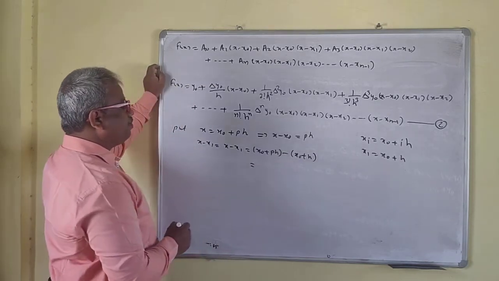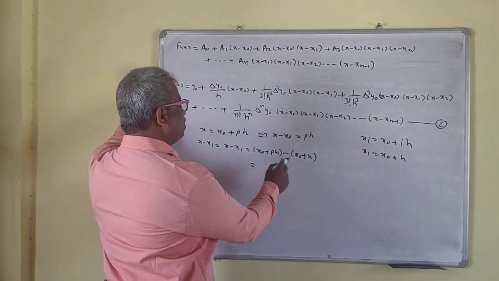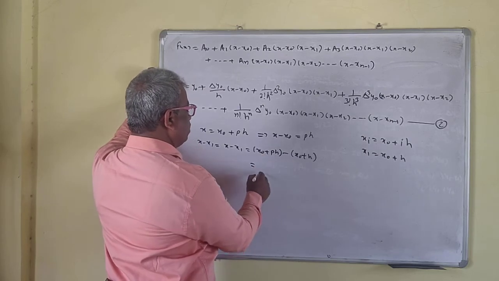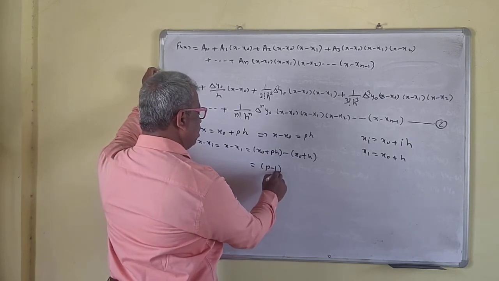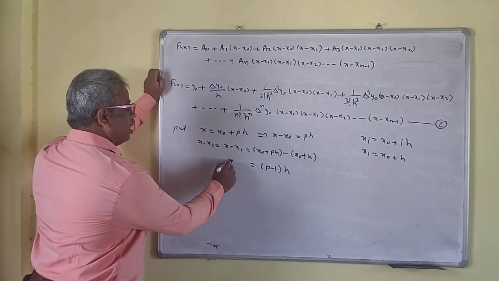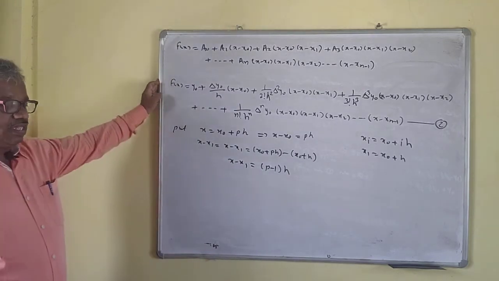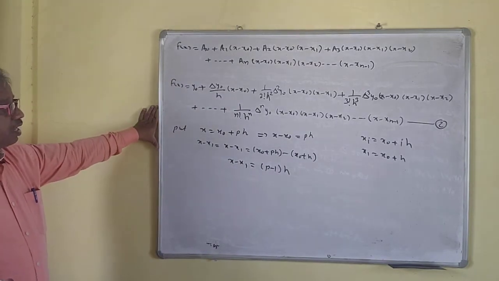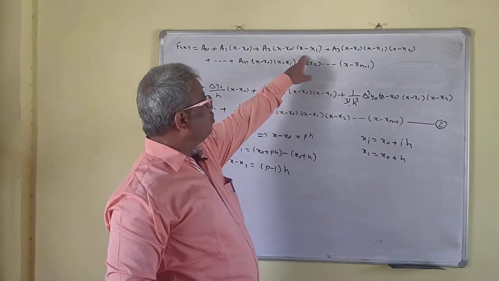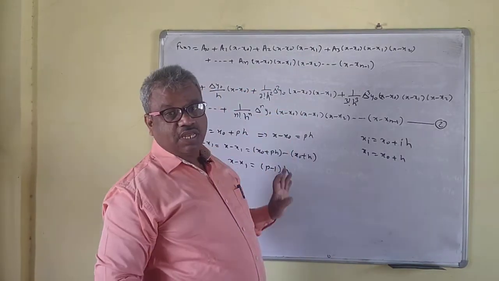So x0 gets cancelled, and so p minus 1 times h. X minus x1 is p minus 1 times h. So I will replace this x minus x1 as p minus 1 times h now.